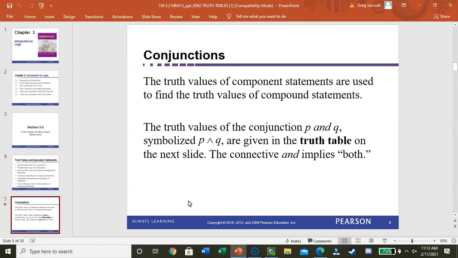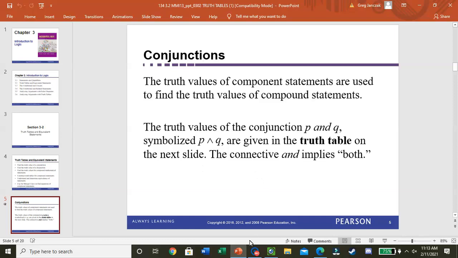All righty. Okay. The truth values of compound statements are used to find truth values. So basically we're going to be working with truth tables. The truth value of a conjunction, P and Q, symbolized with P and then this rooftop looking symbol, Q, is given in the truth table and implies that both have to be true.